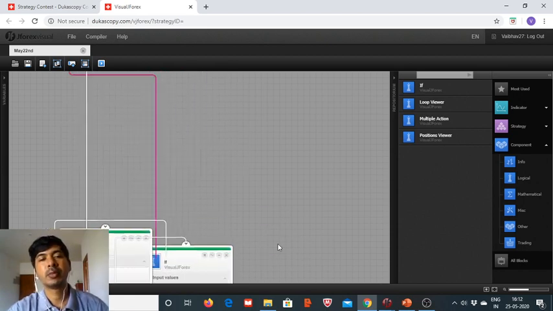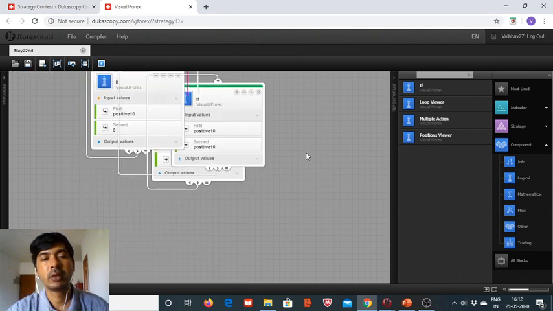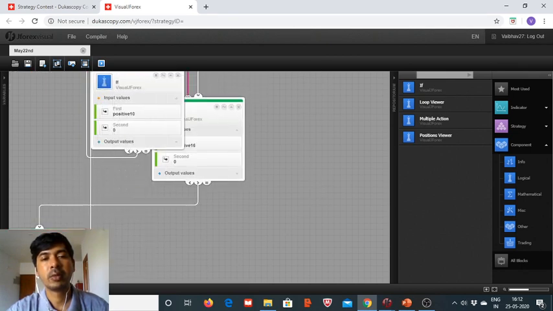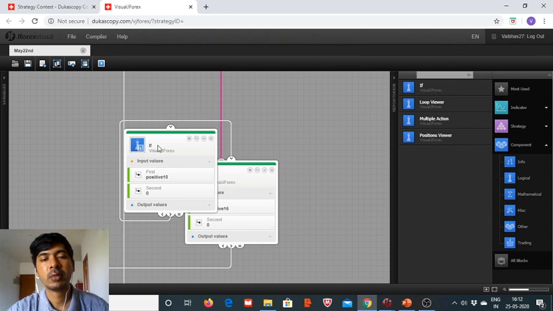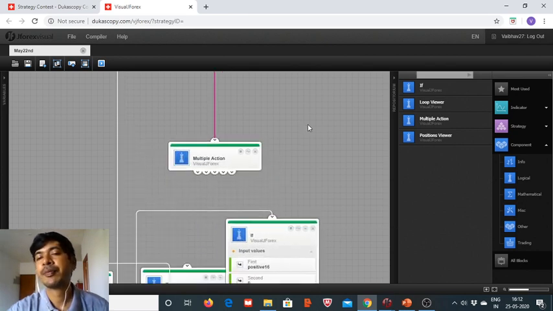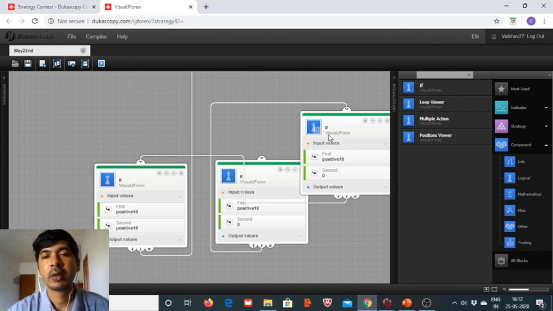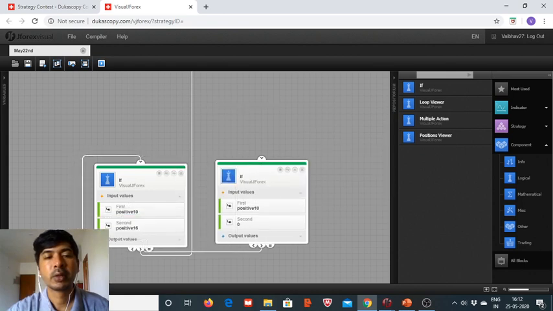Apart from the min-max condition, we now need to define additional parameters. So here we got this.